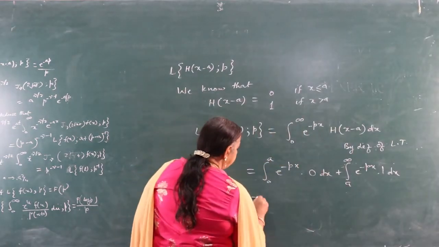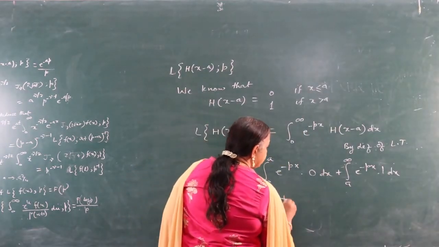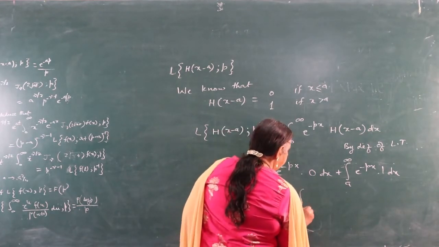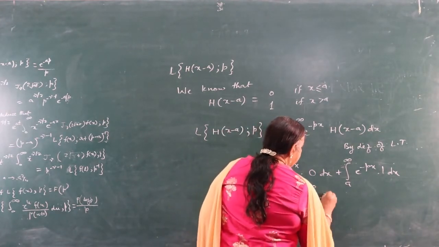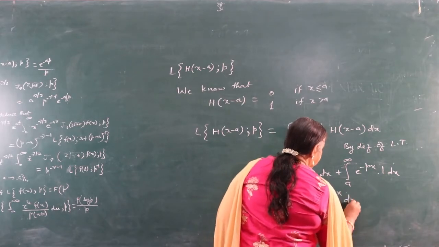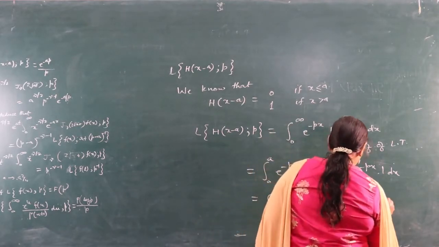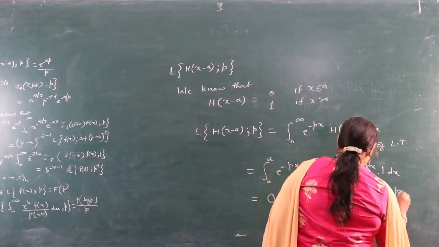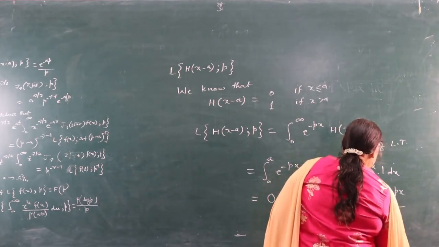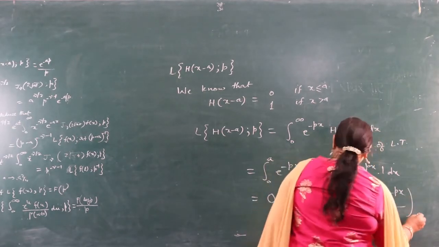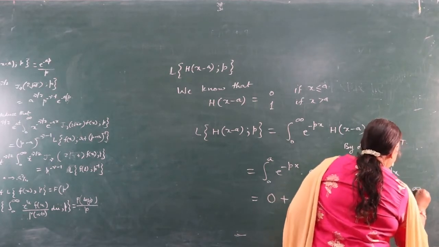This is equal to 0 plus integral a to infinity e raised to minus px dx, and this is equal to e raised to minus px by minus p, from a to infinity.